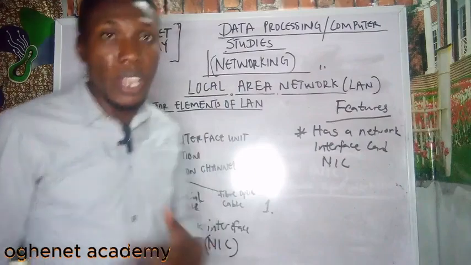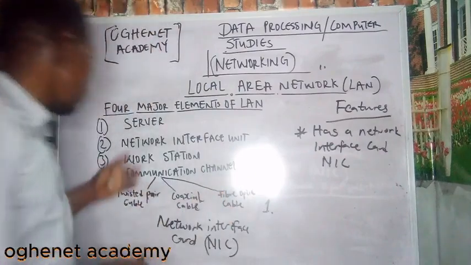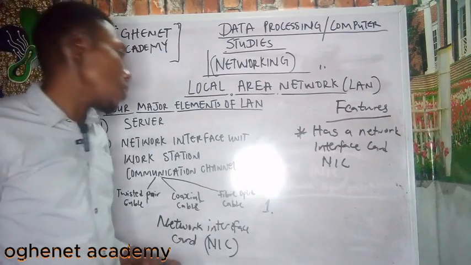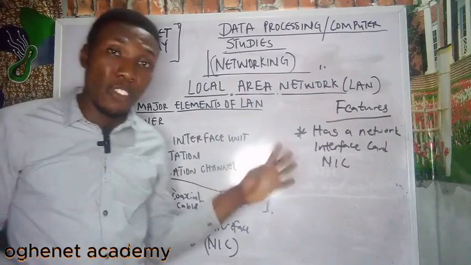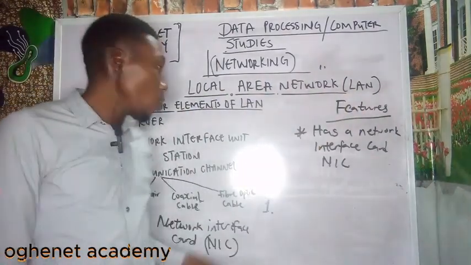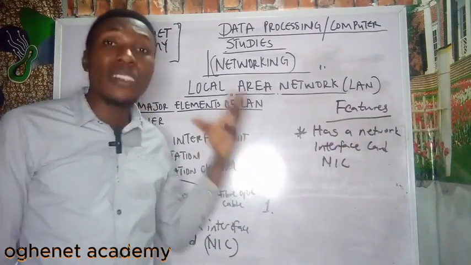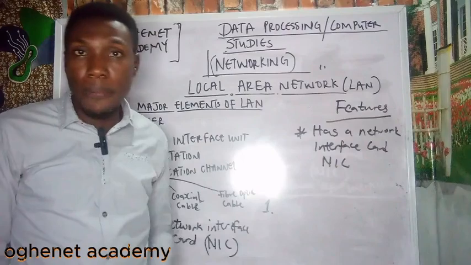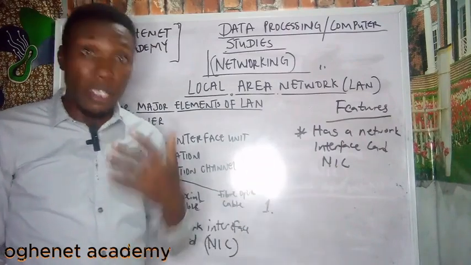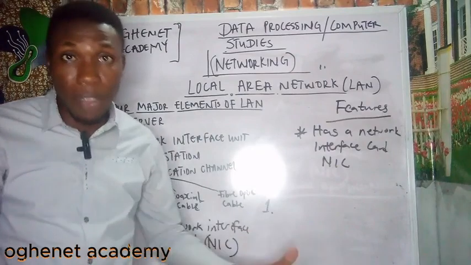Remember the last tutorial when I was talking about the network interface unit, I made mention of the fact that the network interface unit in the context of the local area network is also referred to as the network interface card. Okay, and I showed you what the network interface card looked like. It's a physical device.